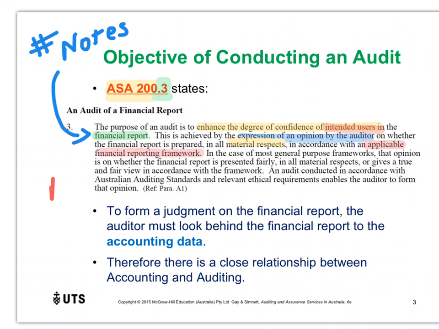Remember, that is the AASBs. Okay, so that is the criteria that we used in determining whether the financial report was indeed true and fair or not. And we express our conclusion in an opinion, an audit opinion within the financial report.